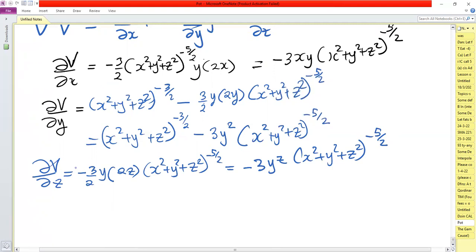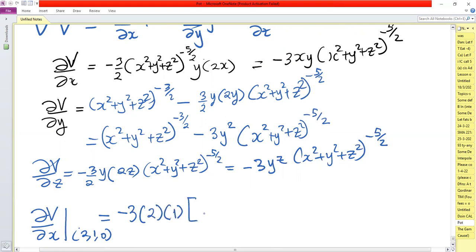Now, actually, I can evaluate the values at the point specified, 2, 1, 0. This means that where I have x I replace by 2, where this y I put 1. So I'll have minus 3, x is 2 squared plus 1 squared plus 0 squared raised to minus 5/2.